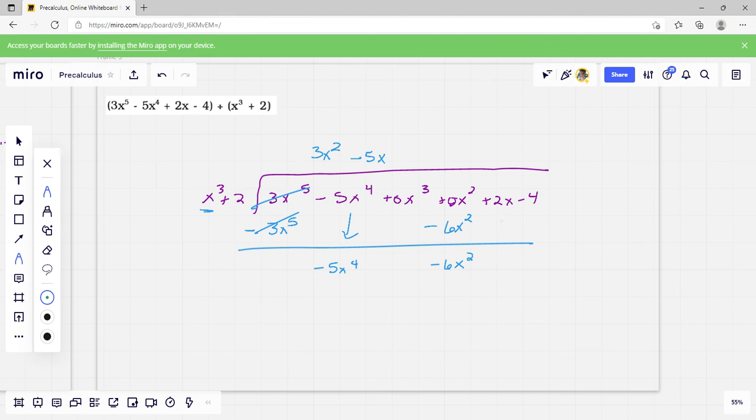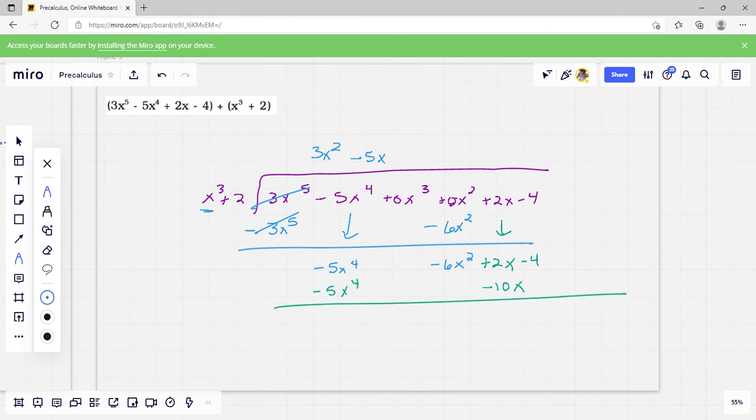I'll bring all those down. And then negative 5x times x to the third would be negative 5x to the fourth.